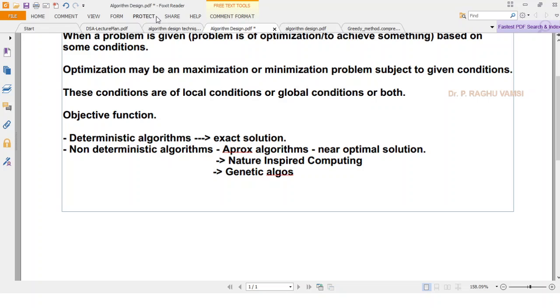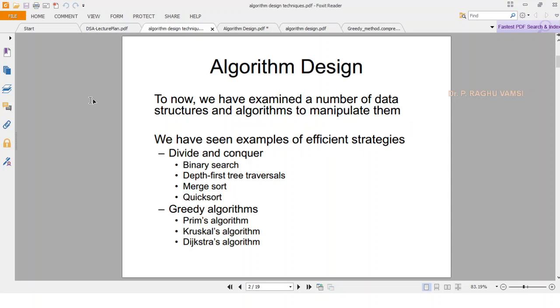Why am I telling all these things? These are the categories of algorithms. In algorithm design techniques, so far we have examined a number of data structures and algorithms to manipulate them. We have seen examples like binary search, depth first search traversal, merge sort and quick sort, which fall under the divide and conquer technique. You divide the array and go for sorting.